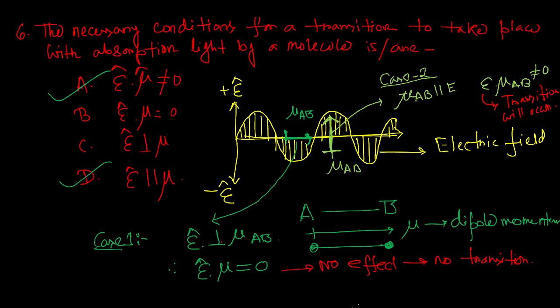Now there is another third case. If the molecule is aligned like that, where mu AB has a projection on this, then in that case also transition is possible.